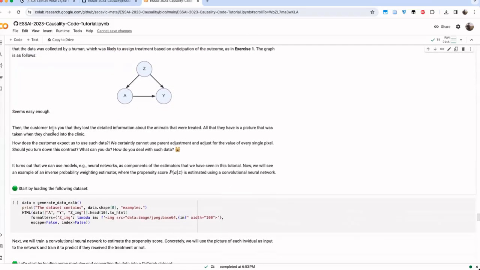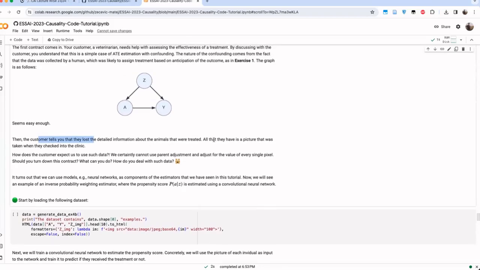That's easy enough. However, the customer now tells you that they lost the detailed information about the animals that were treated. So they just have pictures that were taken when they checked into the clinic. Again, we have different animals, say dogs and cats, and we have now lost the information about the animals that were treated. Now you could ask, how do we expect to use such data?